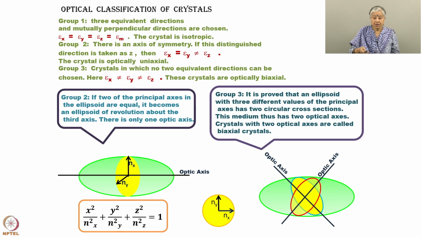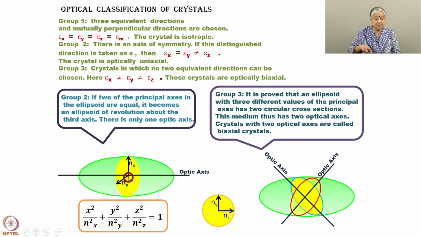Okay, so let us go to the next slide. Now, you have understood there is a biaxial crystal and there is a uniaxial crystal. We will deal more with the uniaxial crystal, not so much with the biaxial, because again the derivations and formulas become a little more complicated with 2, and we can understand most of the processes within the uniaxial crystal.